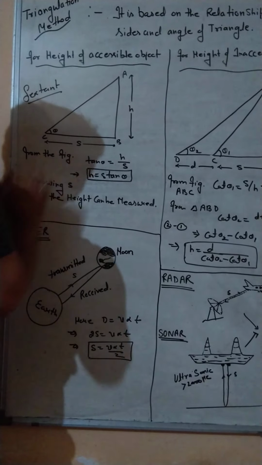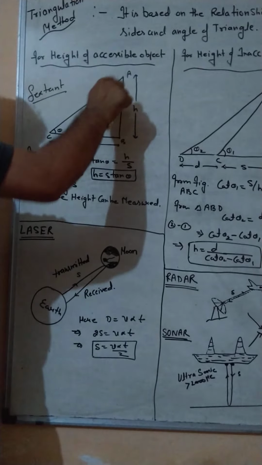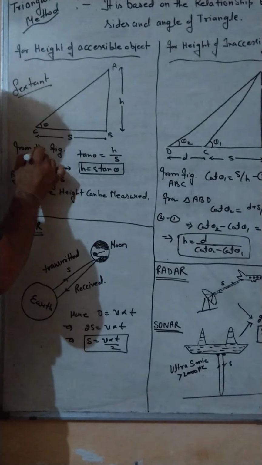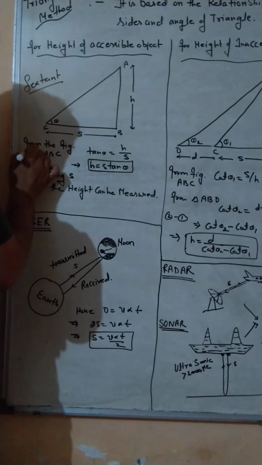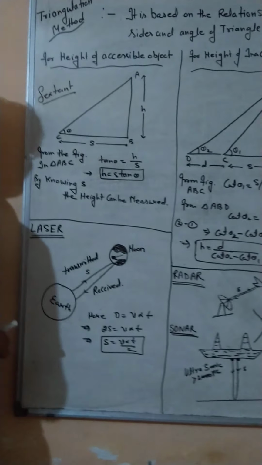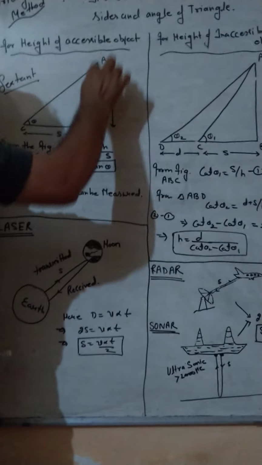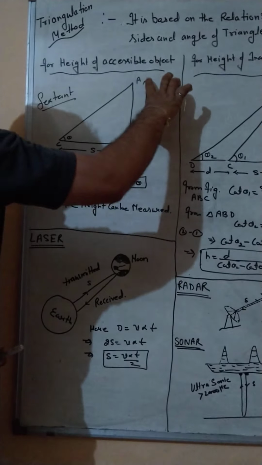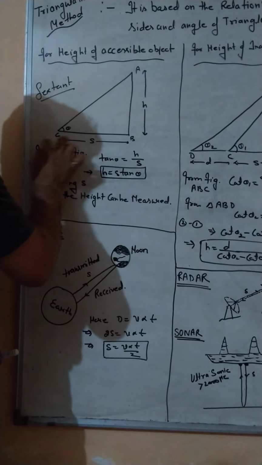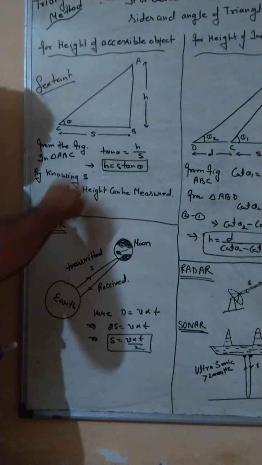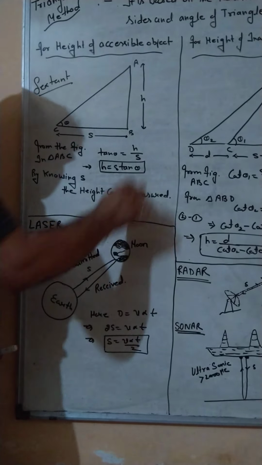Now from the figure, in the right angle triangle ABC, tan theta is perpendicular by base. The perpendicular is the height of the object that we want to measure, and s is the distance that we have traveled by foot.